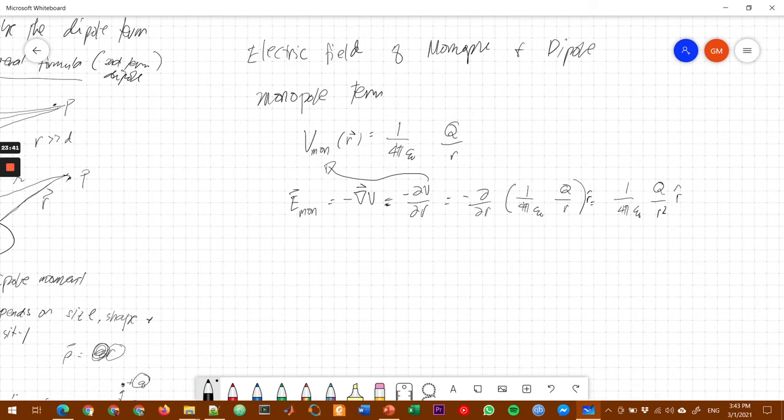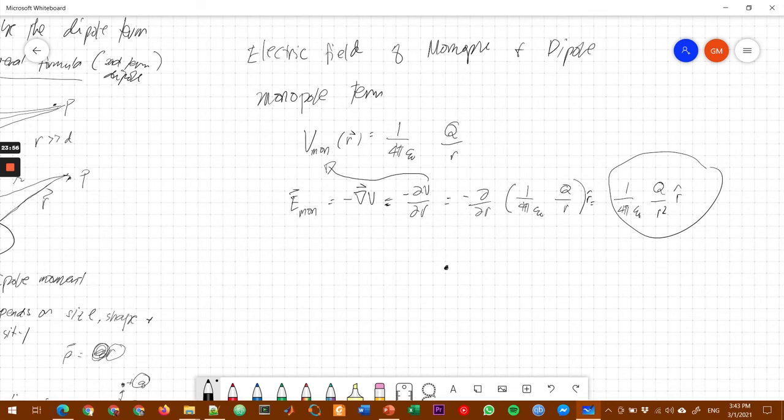Notice that the electric field direction or orientation of a monopole is dependent only on R, the R hat direction.